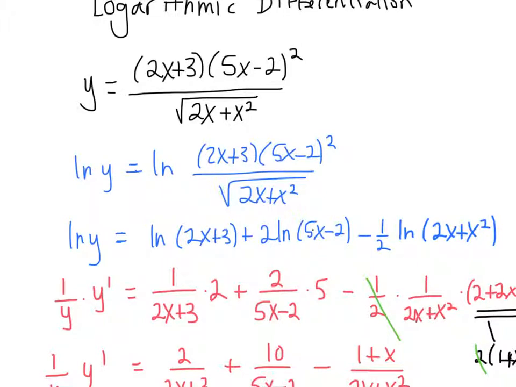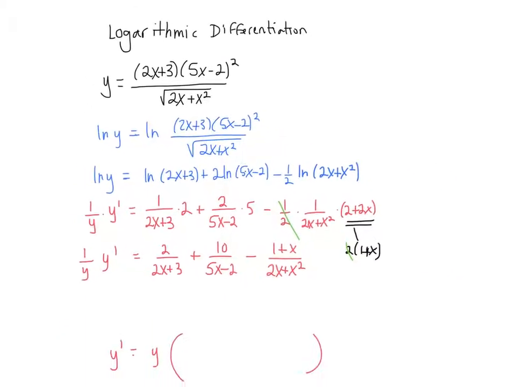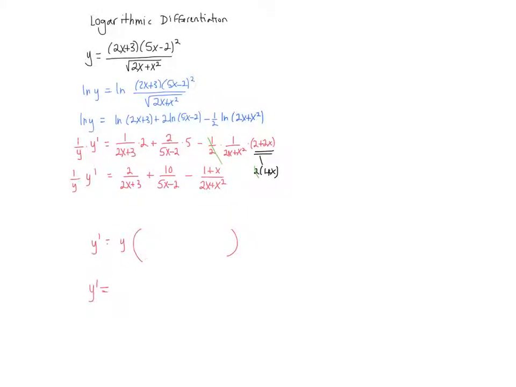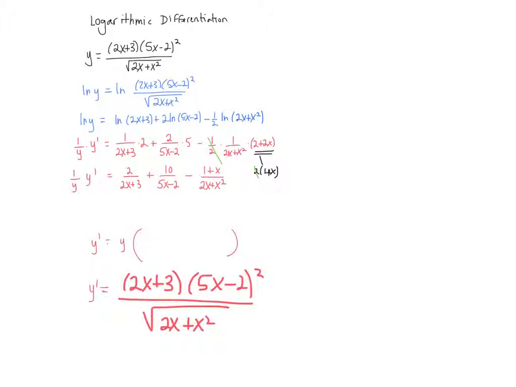Of course I can't grab it. So I need to zoom so I can see it. So y, which is the original, 2x plus 3, 5x minus 2 squared over square root of 2x plus x squared times this whole derivative that we calculated.